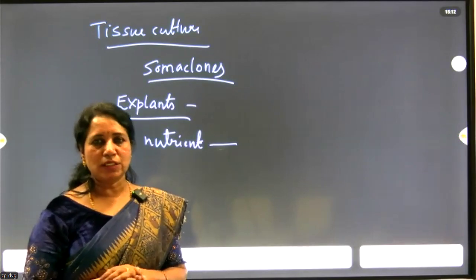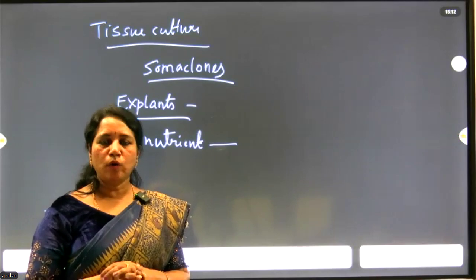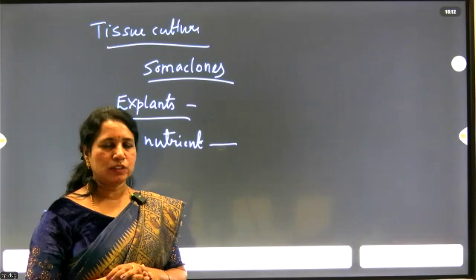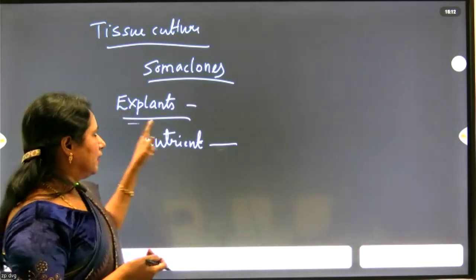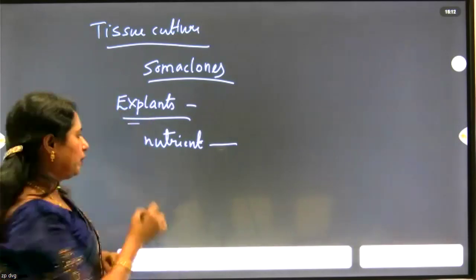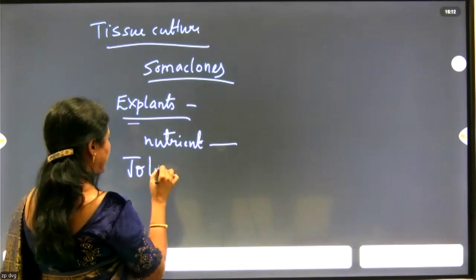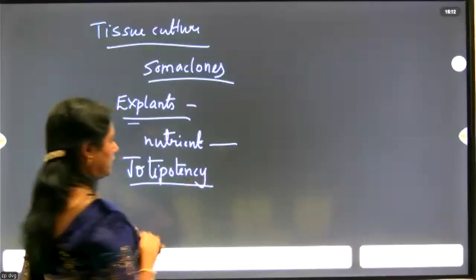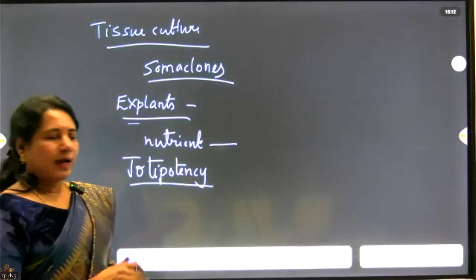So the capacity to grow a whole plant from any cell or explant is called what? It is called totipotency.